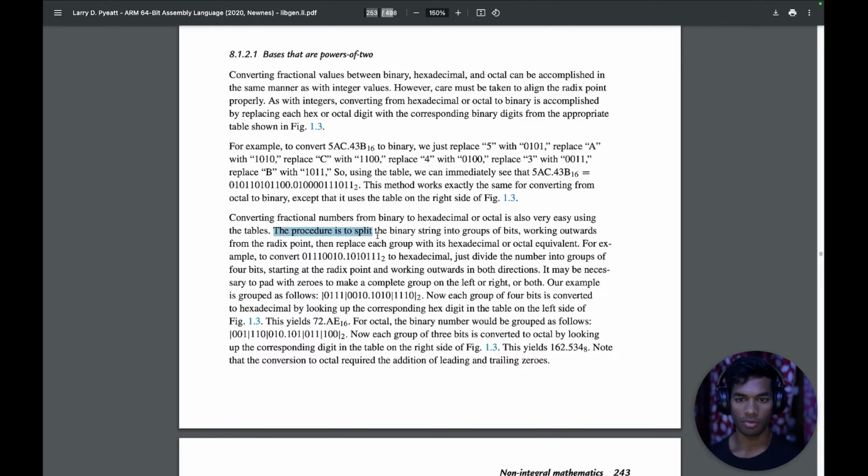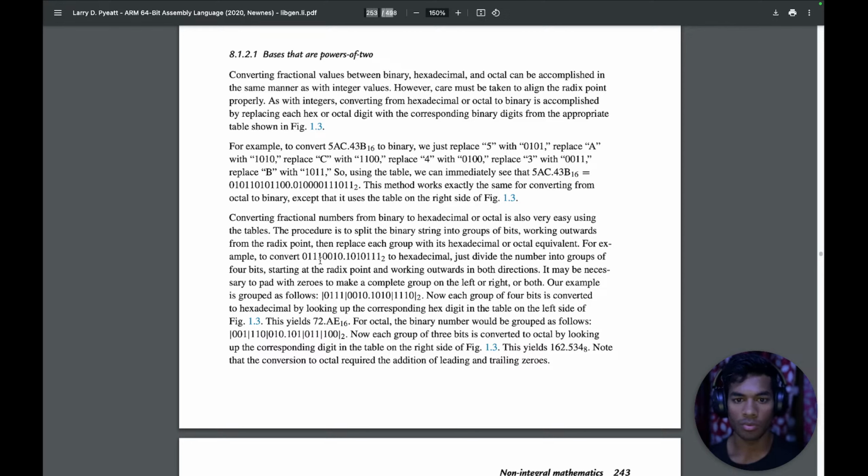The procedure is to split the binary string into groups of bits, working outwards from the radix point, then replacing each group with its hexadecimal or octal equivalent. For example, to convert this to hexadecimal, we have the first four, 1, 2, 3, 4, 1, 2, 3, 4.